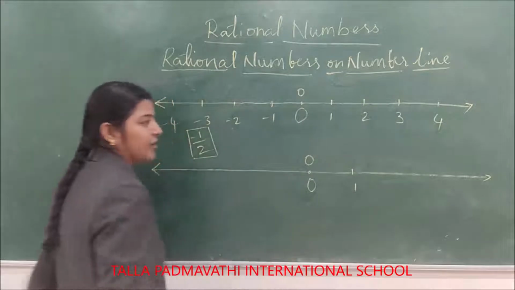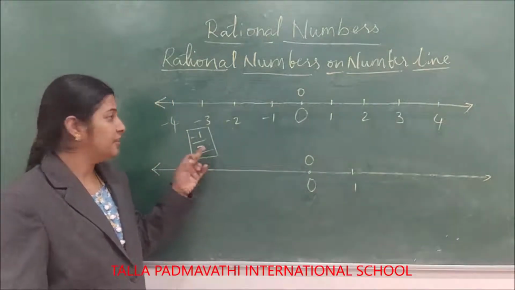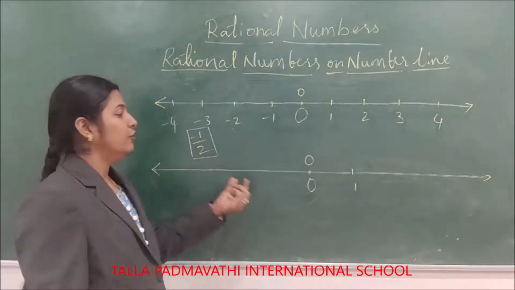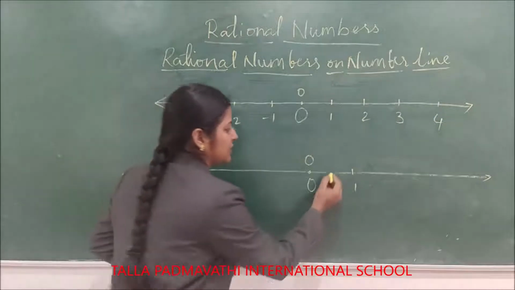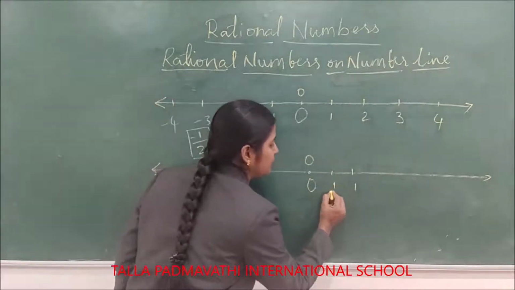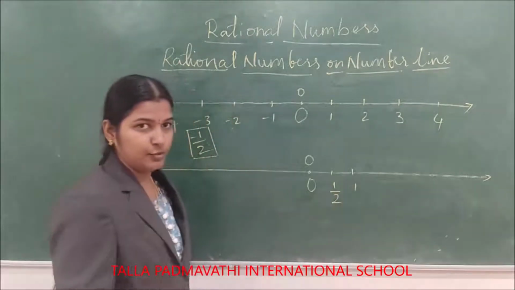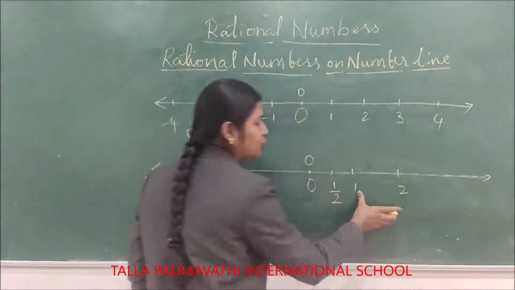Now towards the right side take 1. So children, there is an important thing here. If you observe, the denominator is 2. So from 0 to 1 we need to make 2 equal parts. Just see here, 2 equal parts. Then this becomes 1 by 2. Next children, again from 1 to 2, you will be having 2 parts.